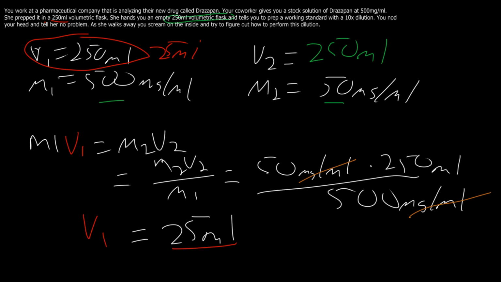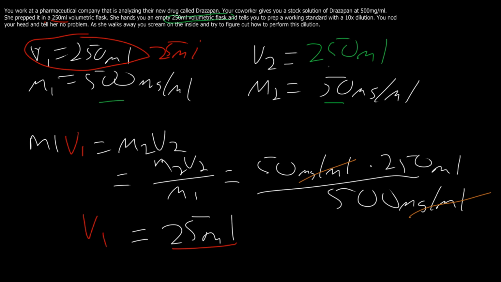And then whatever the solvent is, it could be some other chemical like IPA, I just bring that up to volume. So that means I have that 25 mL of this 500 mg per mL solution put in this container, and then I just dilute it with some other chemical until it gets to 50 mg per mL. And I can do that by getting to 250 mL.